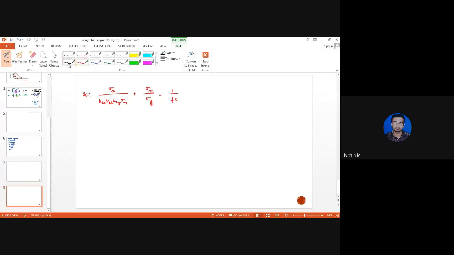Now let us substitute all the values that we had obtained in equation star, which is nothing but the Soderberg criterion.